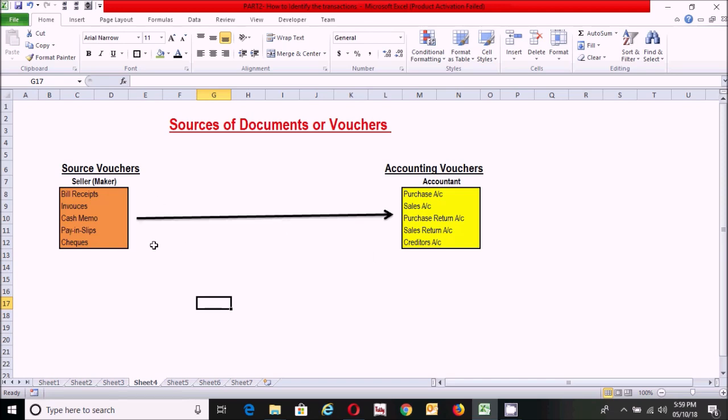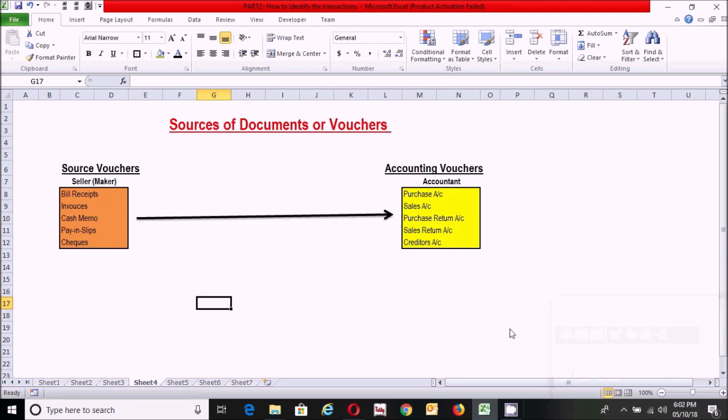You can see in the image, the first step is collecting source vouchers like bill receipts, invoices, cash memo, pay slip, checks, to prepare accounting vouchers like purchase account, sales account, purchase return account, sales return account, creditors account, etc.